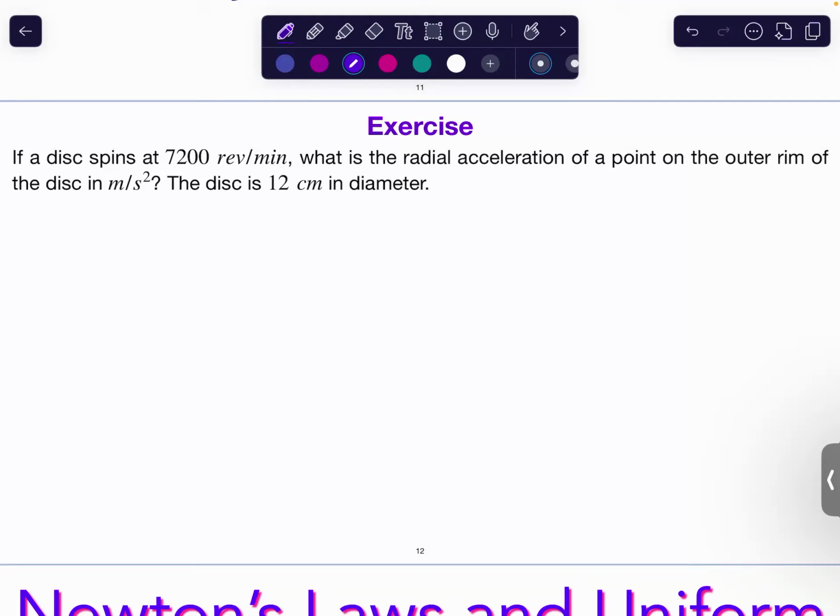And notice that you have a diameter in there. Yep, you have to convert that to meters.